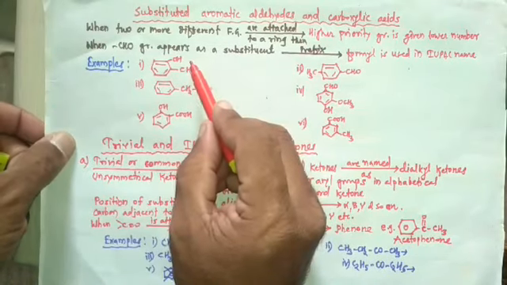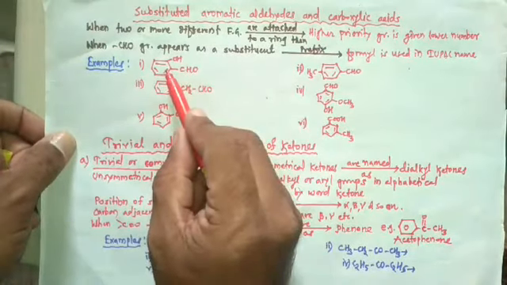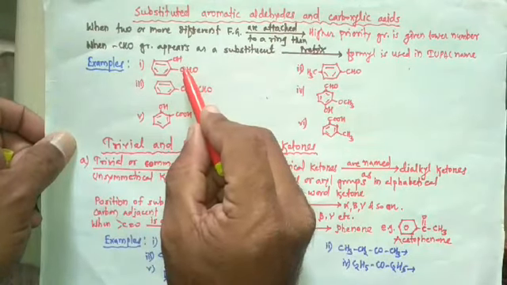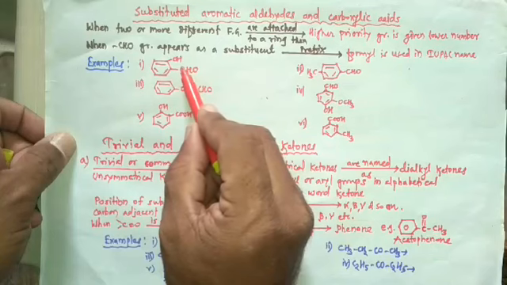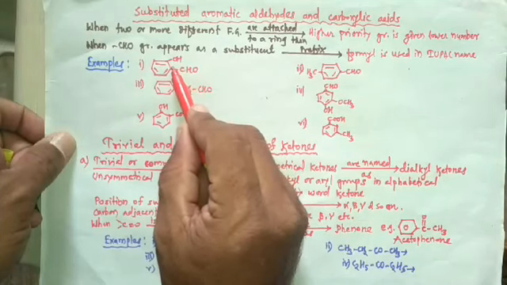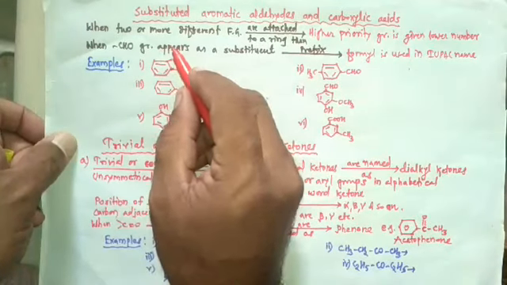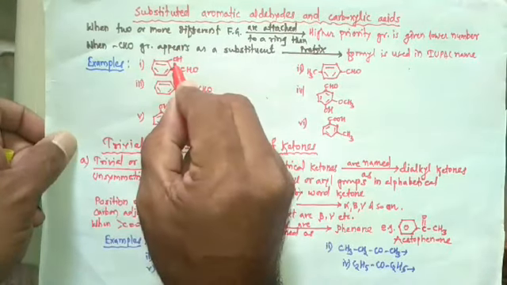Then let's derive its IUPAC name. The CHO group is attached to this carbon atom, and according to the IUPAC rule it is numbered 1.